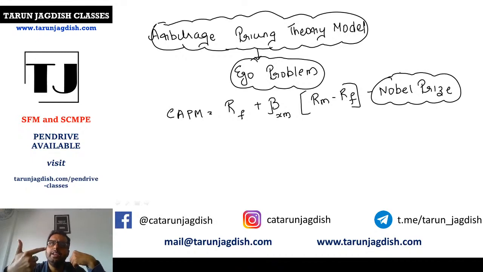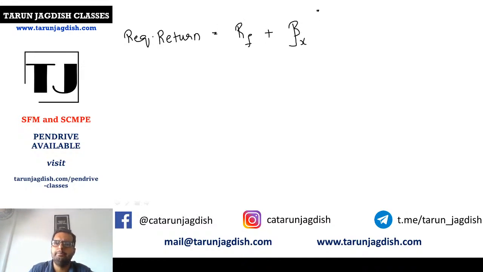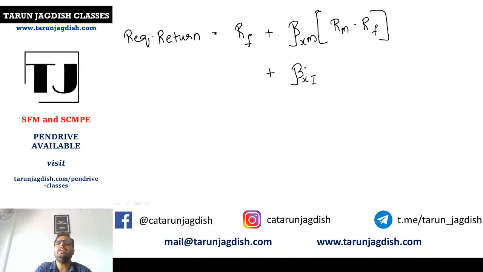For example, GDP, inflation, etc. So they say that the formula should be required return is equal to RF plus beta XM into RM minus RF. We should not stop with this, plus beta XI. What is this I?